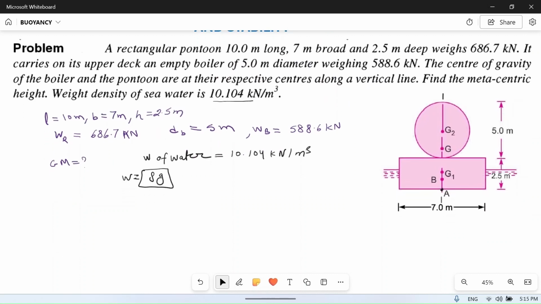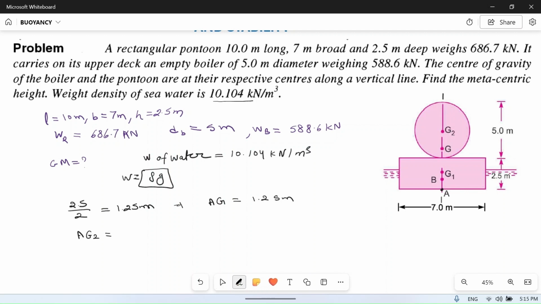So suppose we are choosing a common point A to calculate distances from here. So what is the center of gravity of this portion, the rectangular pontoon? This height is 2.5 meter, so 2.5 divided by 2 is equal to 1.25 meter. So from A, AG1 is 1.25 meter. Similarly for this portion, what will be AG2?